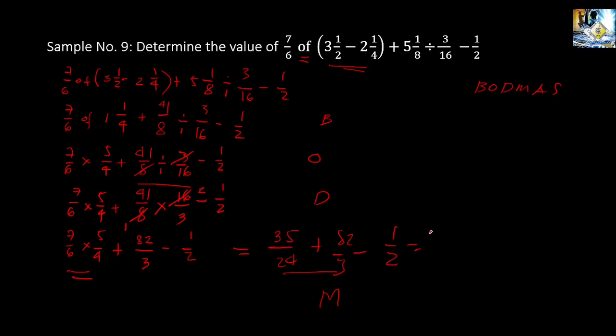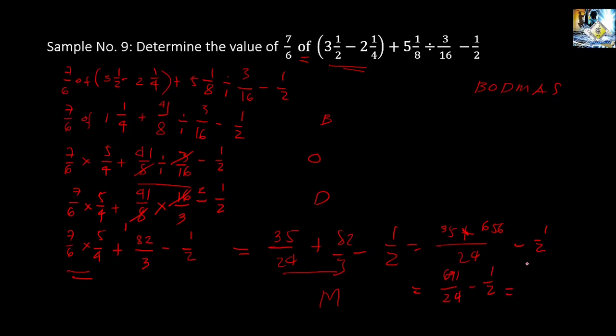So if we add, it will become 35 plus 656 over 24 minus 1 half. So addition, this will become 691 over 24 minus 1 half.